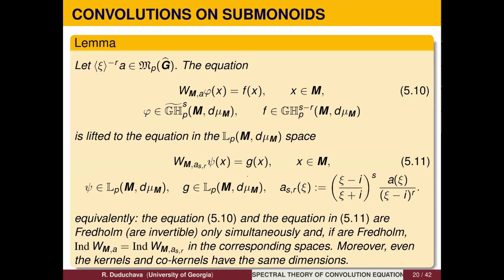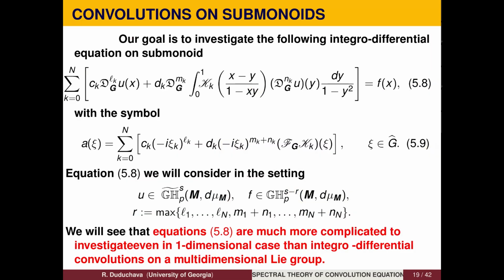The symbol is written here. So this equation has symbols, and we will consider it in this setting where the solution will lie in the tilde space, and the right-hand side belongs to the non-tilde space. So everything is correctly formulated.